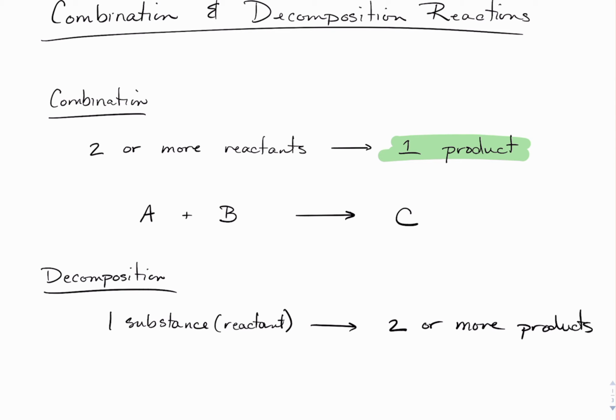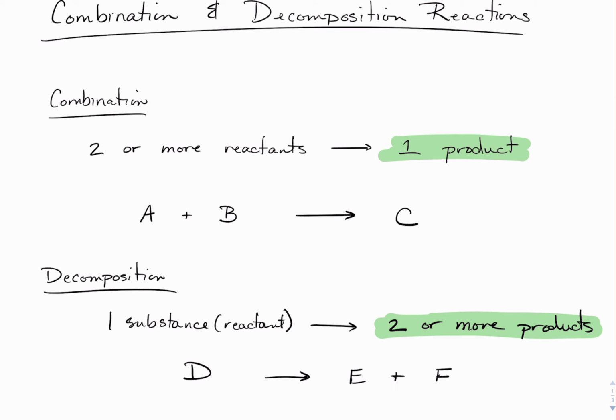And the key hallmark here is the two or more products. And it would look something kind of like this. If you had substance D, that would decompose into two products, E and F. And we would typically write that as E plus F.